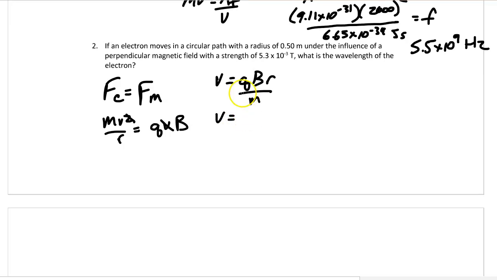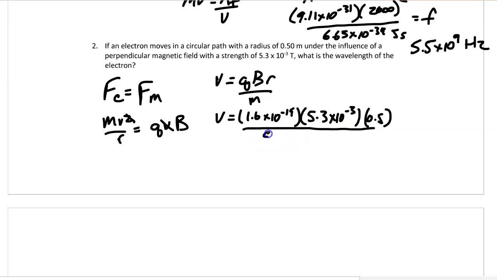That velocity is therefore where we're using the charge of 1.6 times 10 to the negative 19 coulombs, the magnetic field being 5.3 times 10 to the negative 3 teslas, the radius being 0.5 meters, all divided by the mass of 9.11 times 10 to the negative 31 kilograms. That velocity is going to be 4.6 times 10 to the 7 meters per second.